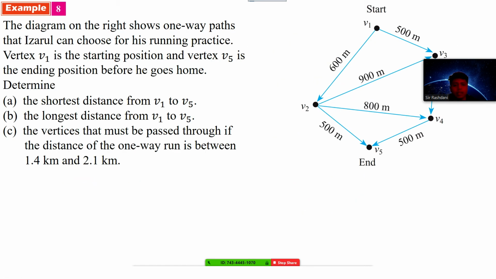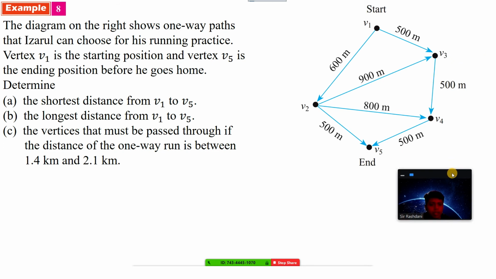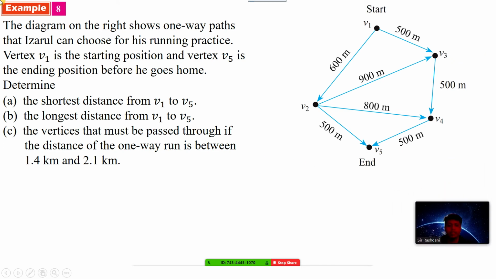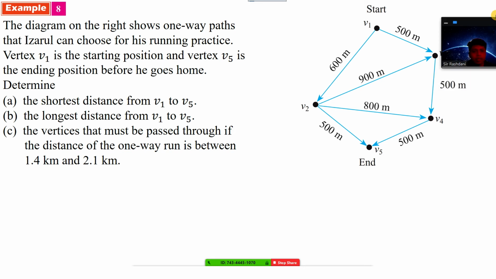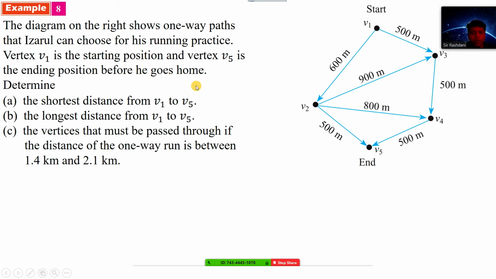Okay, next is example number 8. This is an example of a weight graph. The diagram on the right shows one-way paths that Izaro can choose for his running practice. Vertex 1, V1, is the starting position, and vertex 5, V5, is the ending position before he goes home.